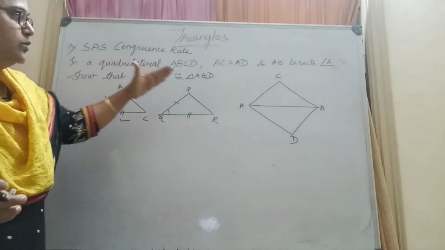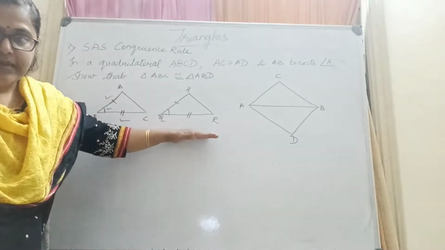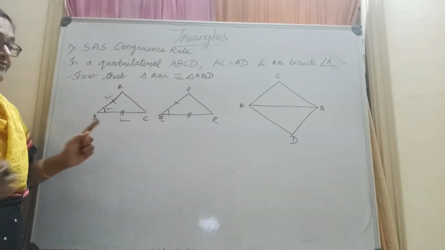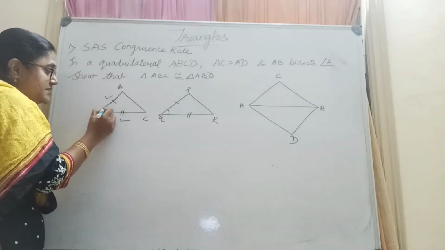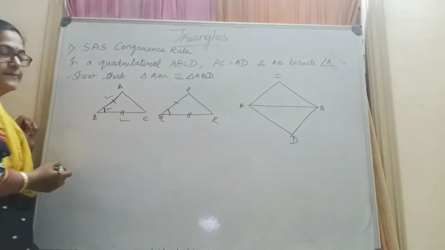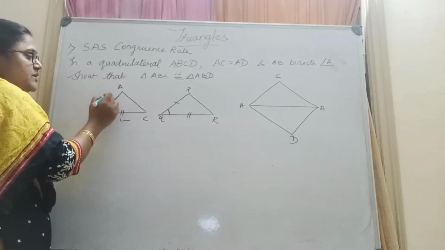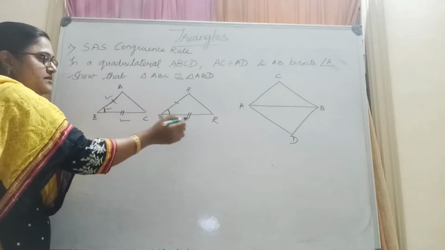Here AB is equal to PQ, BC is equal to QR, and the next angle which I am looking for is the angle which is in between these two sides. That is included angle. So SAS, the angle is between the sides which are taken into consideration.